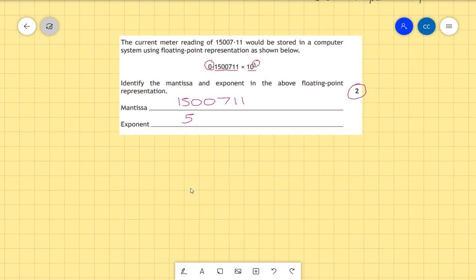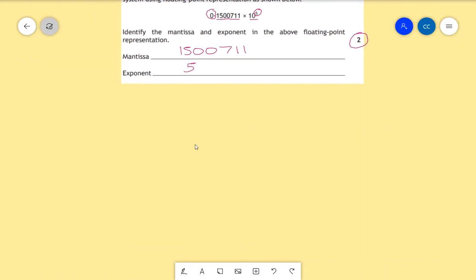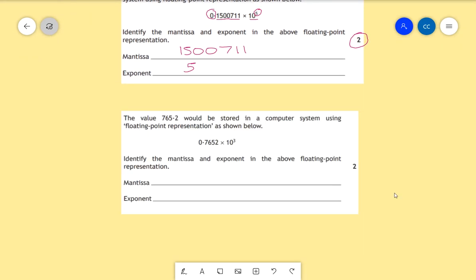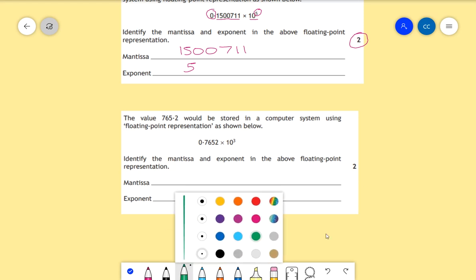Here is another question. Let's have a look at it. The value 765.2 would be stored in a computer system using floating point representation as 0.7652 times 10 to the power 3. Identify the mantissa and exponent in the above floating point representation. So it's very similar to the question above. So let's identify the mantissa.